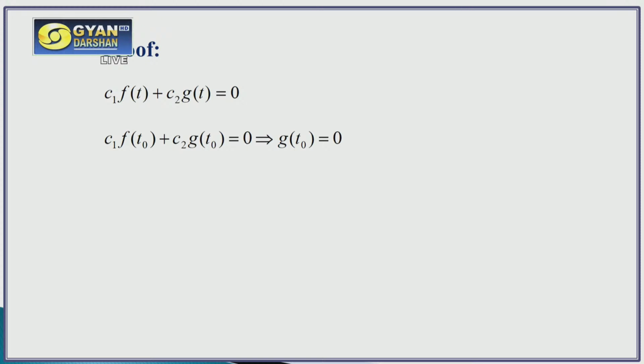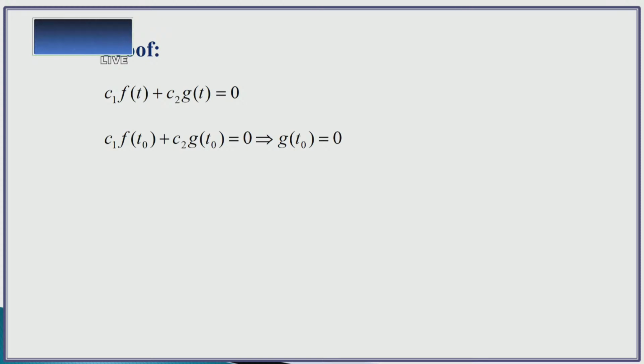Similarly, if C2 is 0, then either C1 is 0 or f is 0. So for linearly dependent functions where f and g are both non-trivial, that is both non-zero, C1 and C2 are both non-zero. This is the first observation.